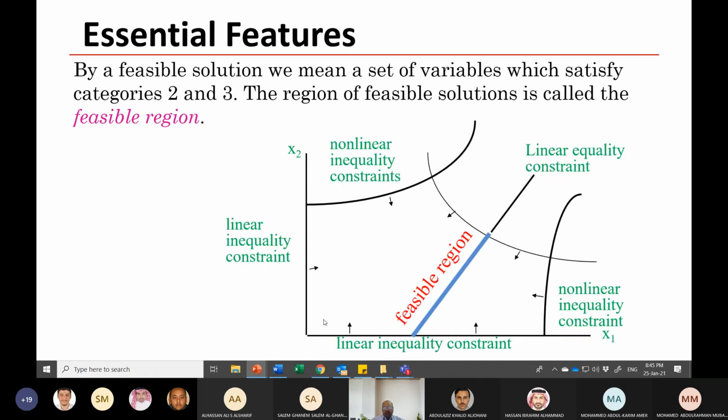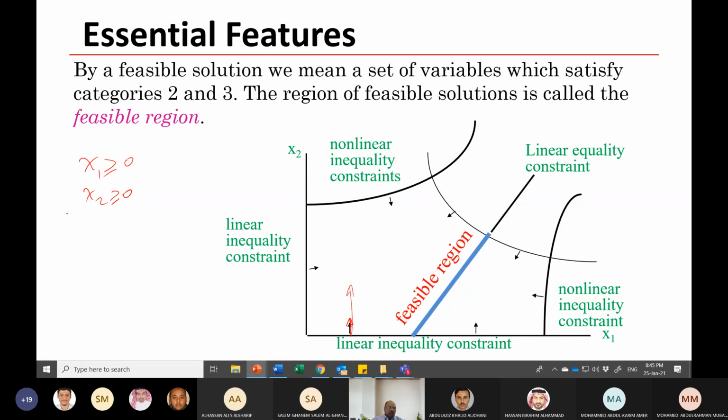For example, if you have some nonlinear constraints, and this is the feasible area regarding this, and you have also another nonlinear inequality constraint, and linear inequality constraints: x1 greater than or equal to 0, x2 greater than or equal to 0.